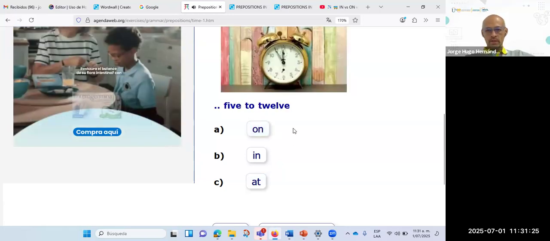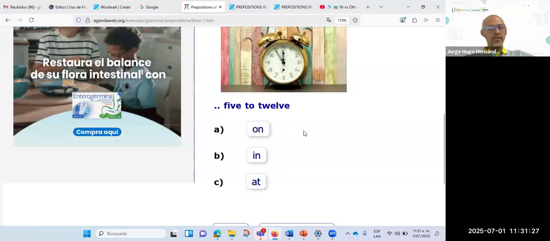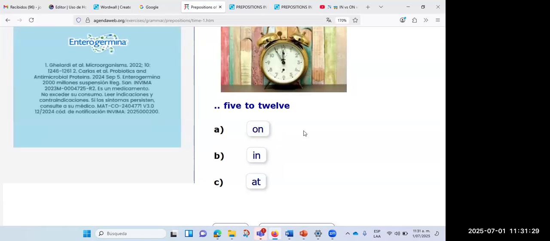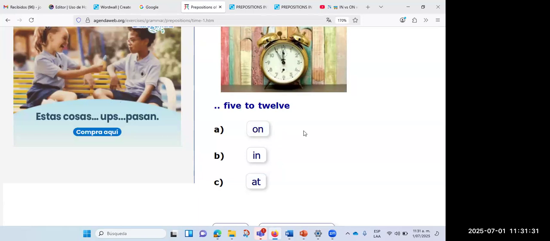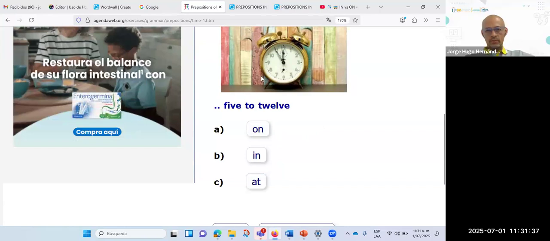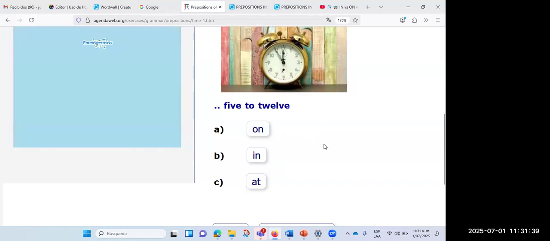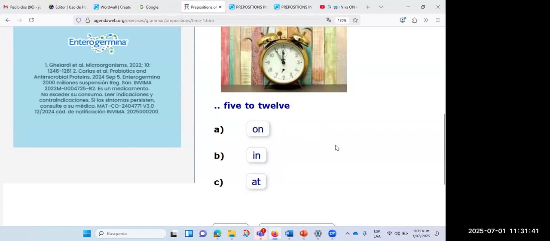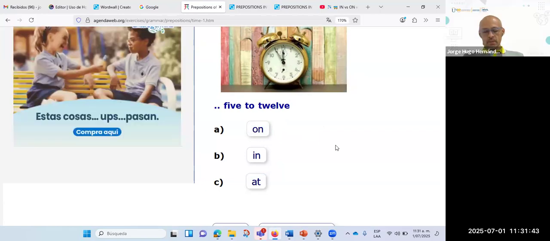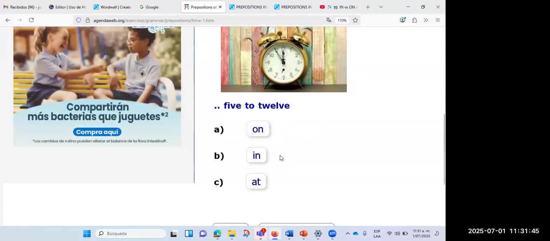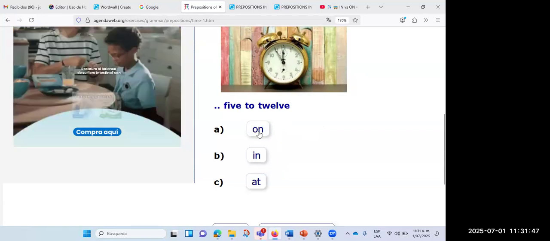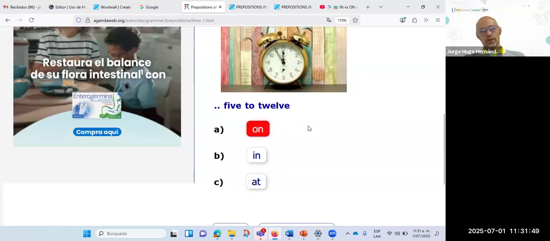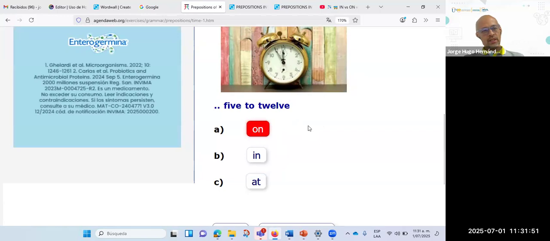Good. Juan Sebastián. 5 to 12. Look at the picture. You are saying the time. On 5 to 12. Sorry, no, that's not the correct one.